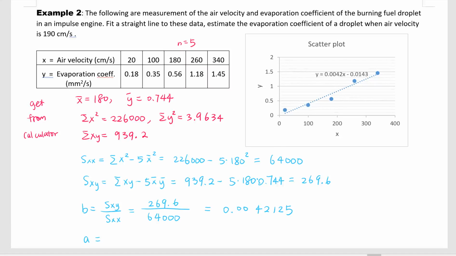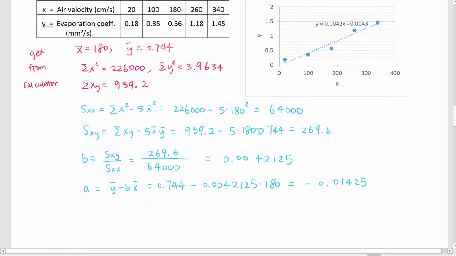And then my A is Y bar minus B X bar. Y bar is 0.744. B is 0.00422125. And my X bar 180. So plug this in our calculators, and I get negative 0.01425. So far, so good.